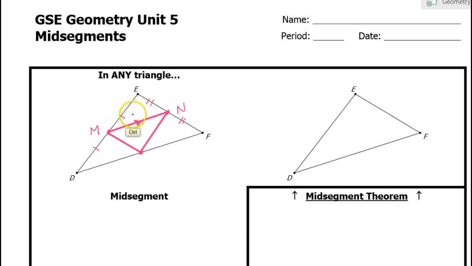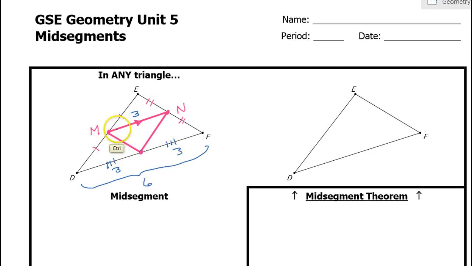So if I know that MN is 3, then that means that DF is 6, of course, because the midsegment is half of this side. But because this point right here is a midpoint, that also means that this segment is congruent to this segment. So that means that this must be 3 and this must be 3.